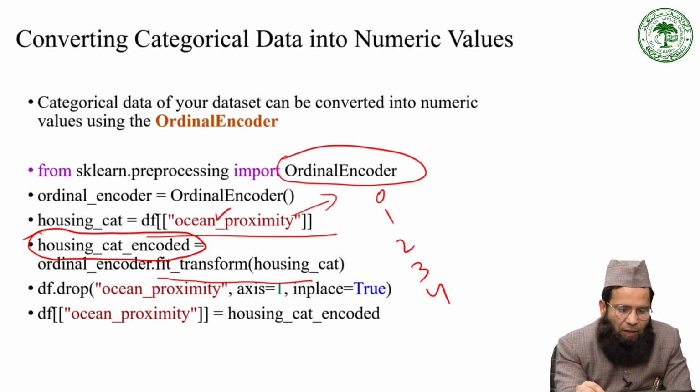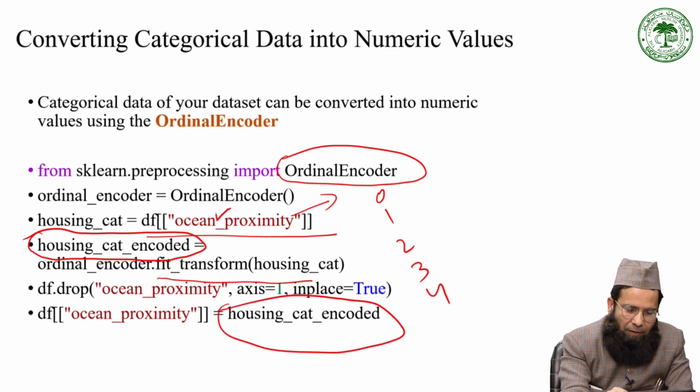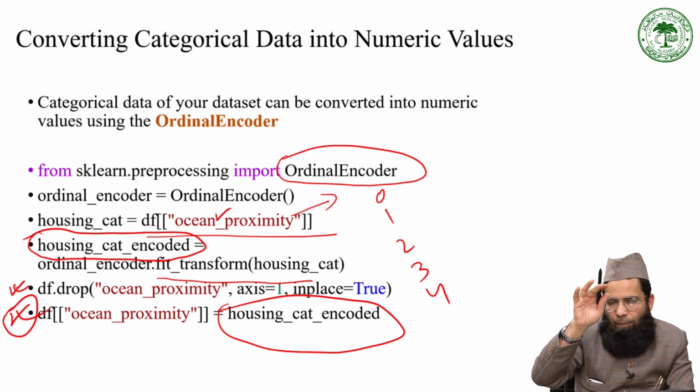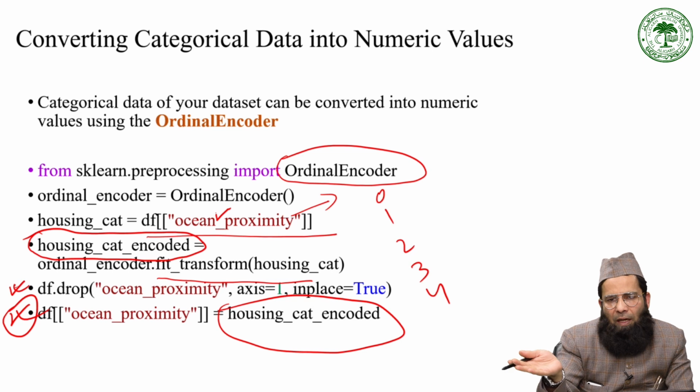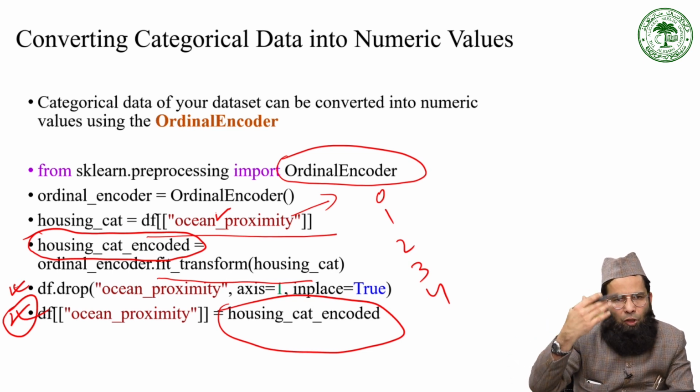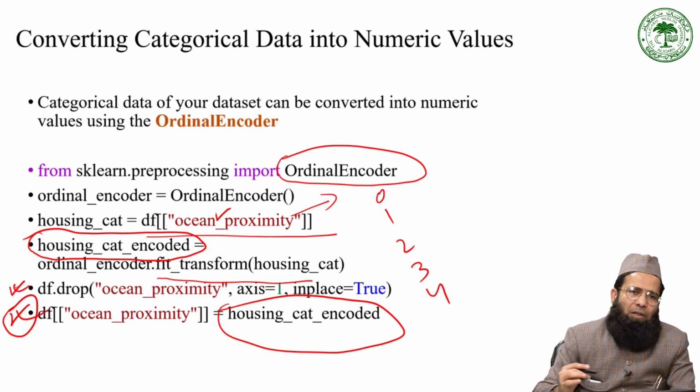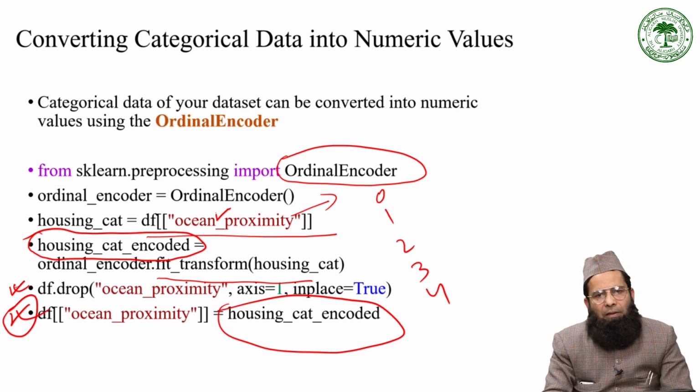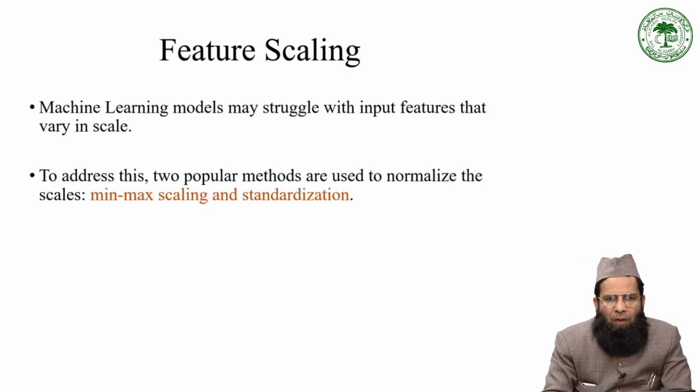We'll drop this feature, and then add a new feature with the numeric value. Here this feature has been added. First it has been dropped at this stage, and then it has been added here. In this way, the feature having categorical data has been dropped, and the feature with the numeric value has been added into the data frame. That is the way of performing the ordinal encoder.